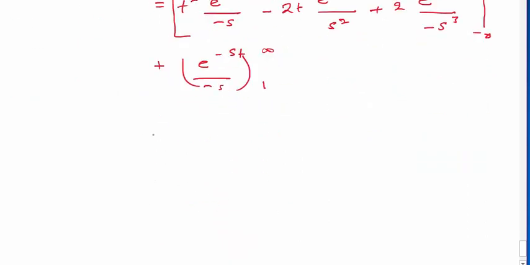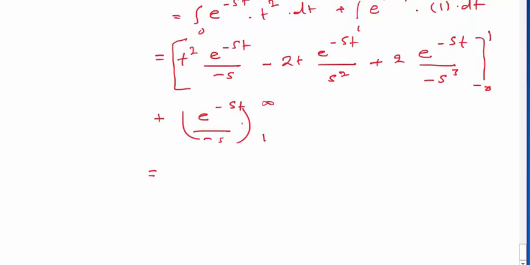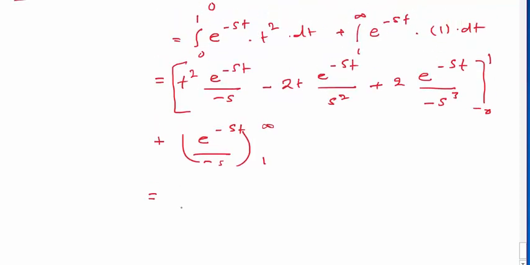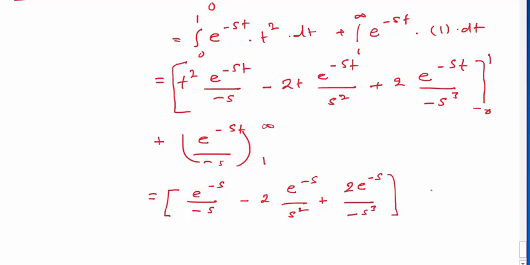Now this will be equal to, we put the values. In place of t, we have to put first 1. So I will say this is 1 into e power minus s upon minus s, minus 2 e power minus s upon s square, plus 2 e power minus s upon minus s cube, minus the lower limit we have put.